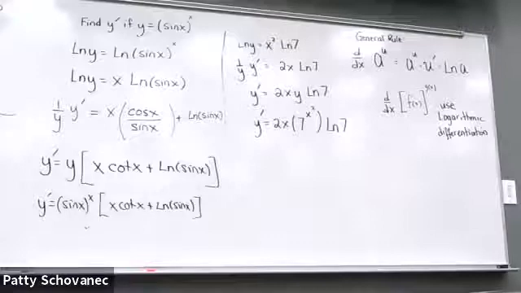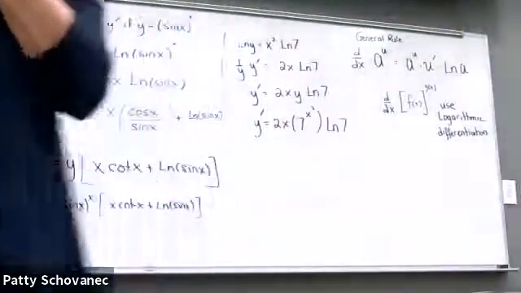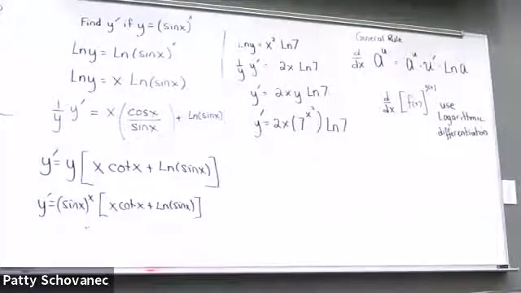So that takes us through section 3.6, I think, is implicit differentiation. Or 3.7. 3.6, and then 3.7 is related rates, and 3.8 is linear approximation.